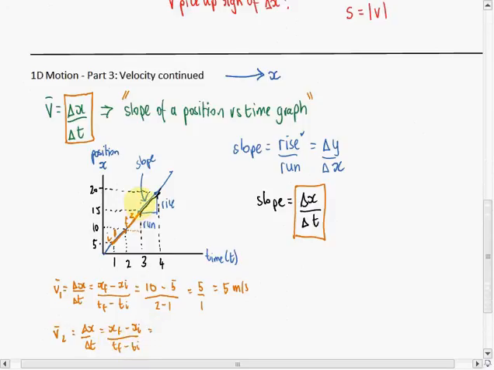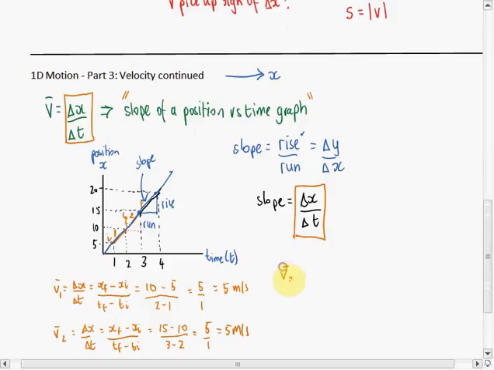Well, in this case, now I'm a little bit further ahead. That's my final position, that's my initial position in this specific time frame, meaning that I was at the 15 meter mark, and just before then I was at the 10 meter mark. The change in time again was 1 second, as it was 3 minus 2 seconds, giving me 5 over 1 and 5 meters per second.